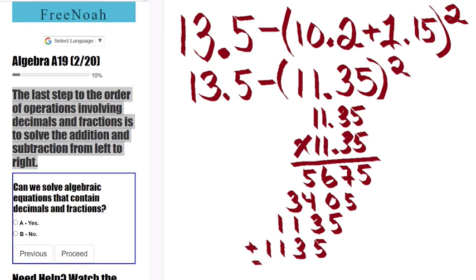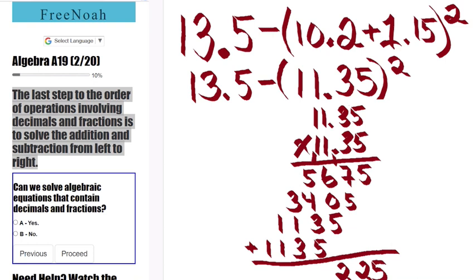Now let's go ahead and start adding all 4 rows here. We're going to simply drop down the 5 here. 7 plus 5, that'll give us 12. Carry over the 1. Drop the 2. Then we'll have 1 plus 6 plus 5. That gives us 12. Carry over the 1. Drop the 2.